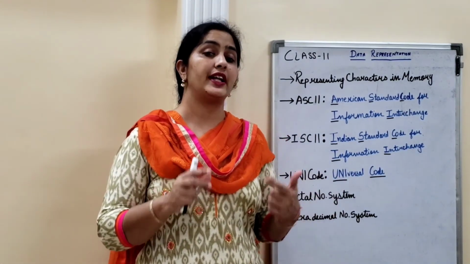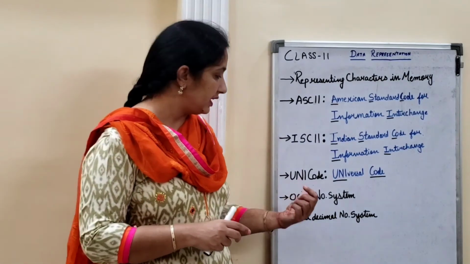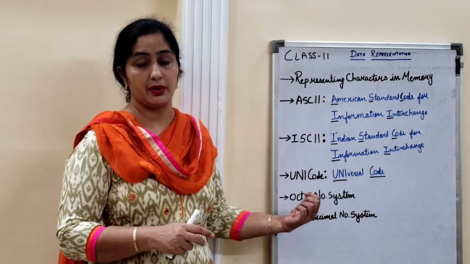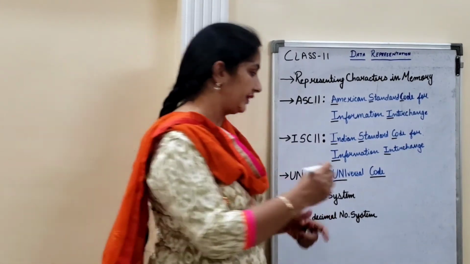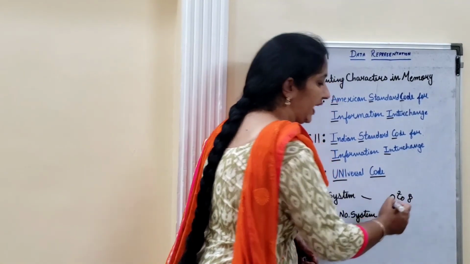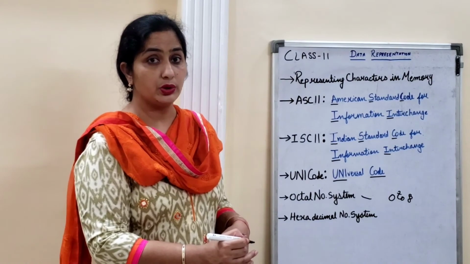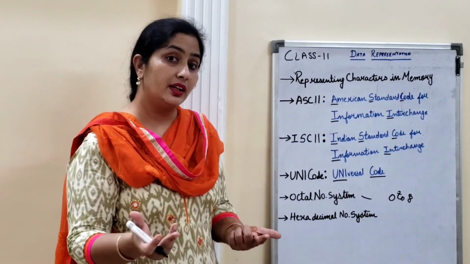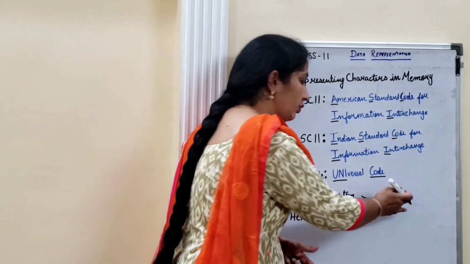Now, the way we did decimal number and binary number, similarly we have octal number system. Octal means 8. That means we are going to represent 0 to 8 numbers. 0 to 8 will be 9, but we need only 8 numbers.